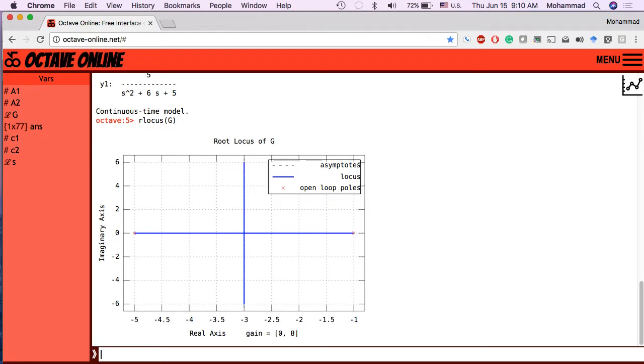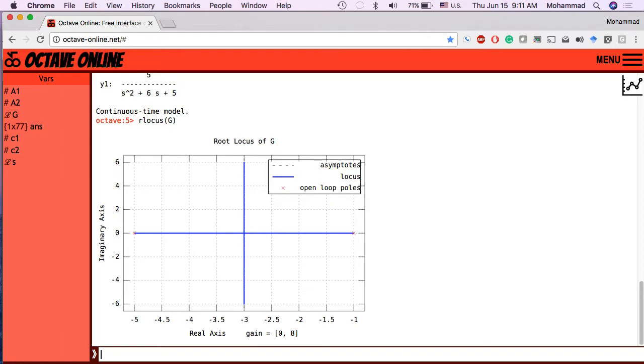So A2 is 1, C1 is 5, C2 is 1, and G is C1 divided by A1 times s plus C1 times A2 times s plus C2. So it's 5 over s squared plus 6s plus 5. Then our root locus of G.